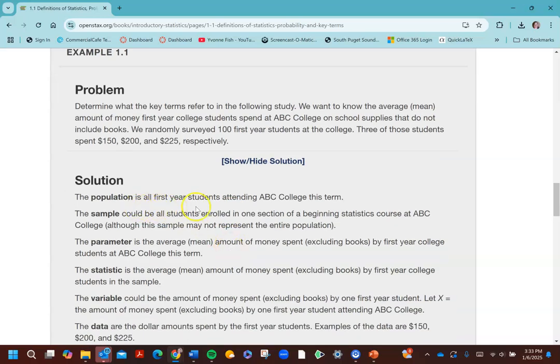So again, population is all the students, sample is just those we surveyed. Parameter is the mean or average spent by all the students, which we actually could get that data. We could get data from the entire population on this one, but that would be really intensive. So if we can get a good sample, it's a lot less work.